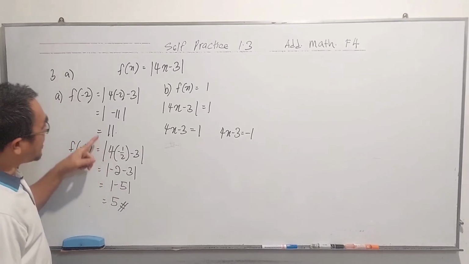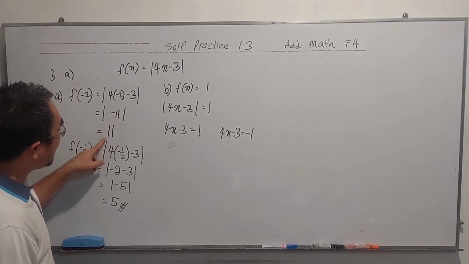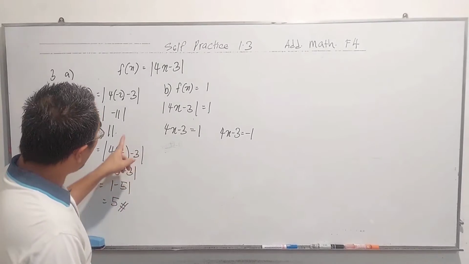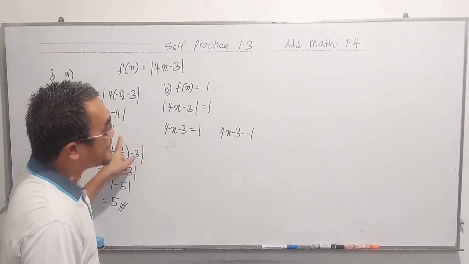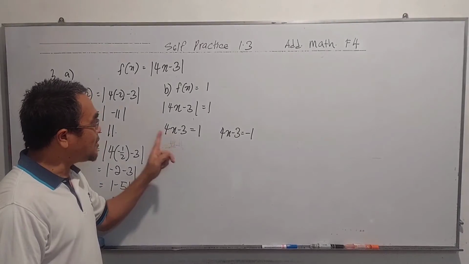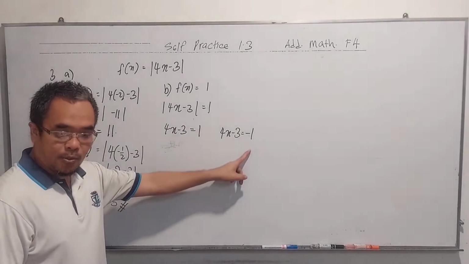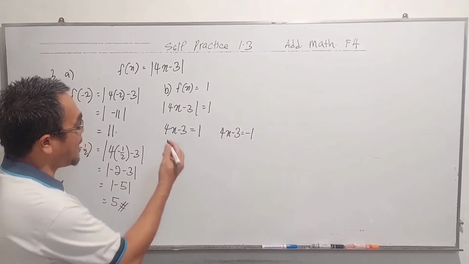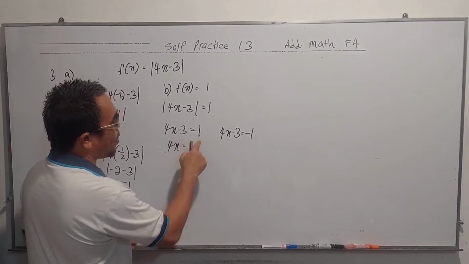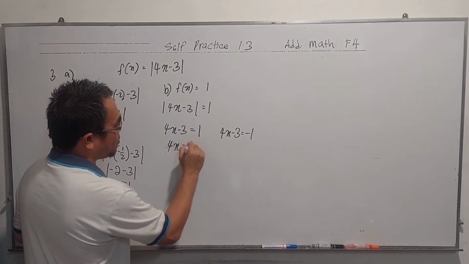Because for the modulus function, we do not know whether it was originally positive 1 or negative 1. Like this one, was it originally negative 11 or 11? Of course now we know that originally it is negative, but in this case we do not know. So we take both and solve both ways. So 4x equals 1 plus 3, which is 4.